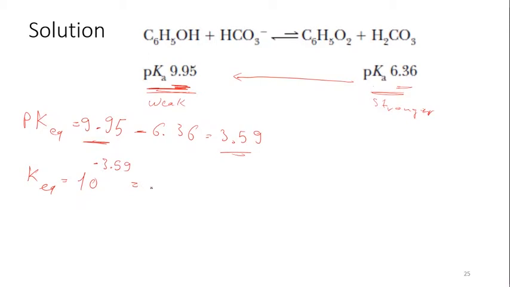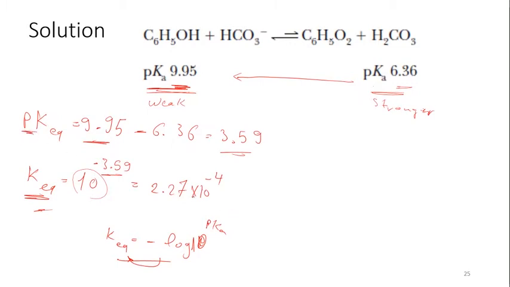This value is equal to 2.27 multiplied by 10 to the minus 4, because you have to remember that pK equilibrium is minus the logarithm of K equilibrium, so if you flip it to the other side, K equilibrium is 10 to the power of minus pK equilibrium.